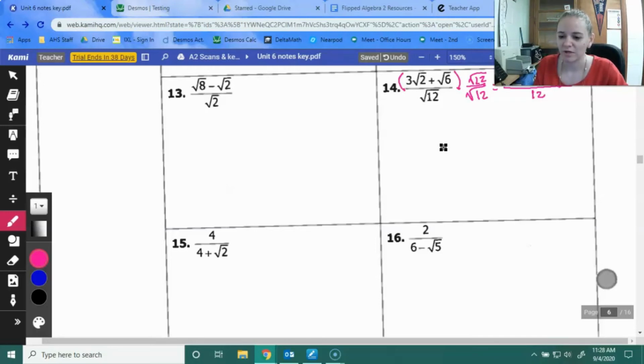So we will multiply radical 12 times both of these items, and since it's under a radical, we'll just combine it under the radical with each of these terms. So that would be 3 radical, and if you want you can do this in your head, 2 times 12 is 24. Keep the same sign, plus, and then radical of 6 times 12, which is that 72?